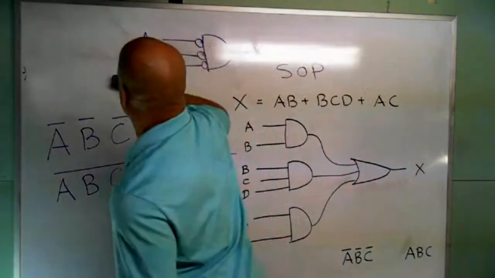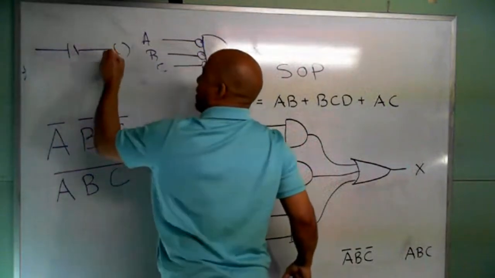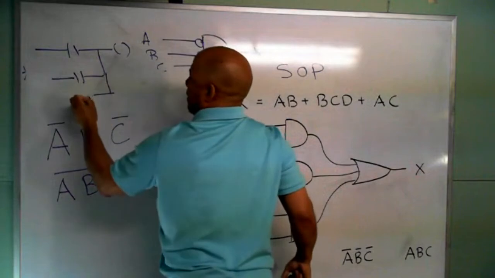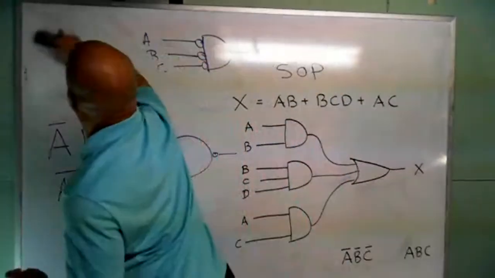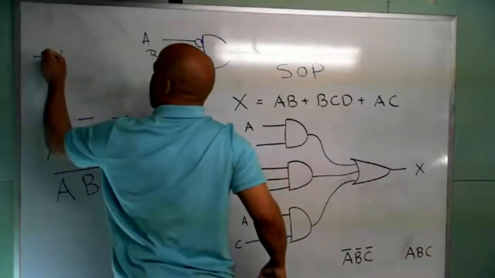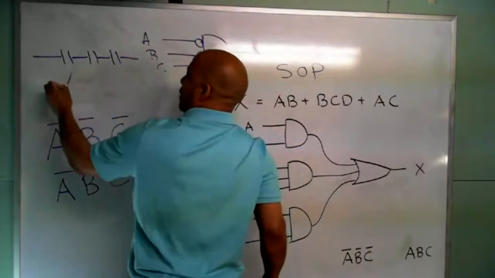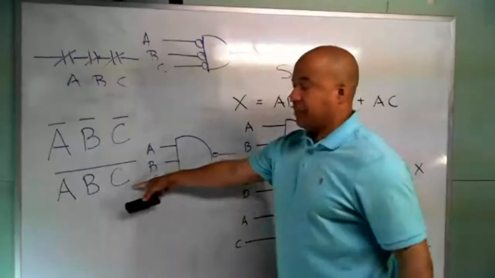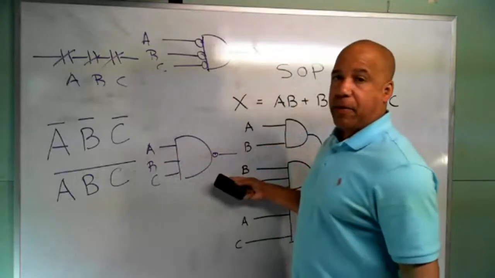It's pretty easy. I can take A, B, C and AND these, since that's an AND and not an OR, and I can NOT each of them. But how do you implement this one? There's no way to implement that because you can't NOT the output.